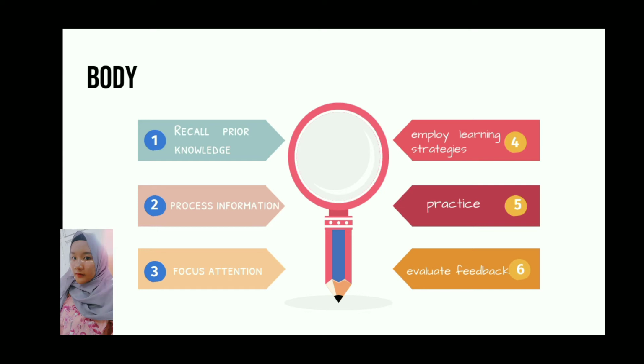This event is a critical event in instruction, and it is one that is too often slighted or overlooked. The purpose is to give learners the opportunity to consider information about the appropriateness of their responses during practice.